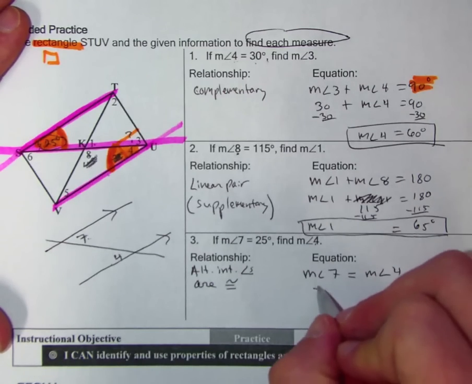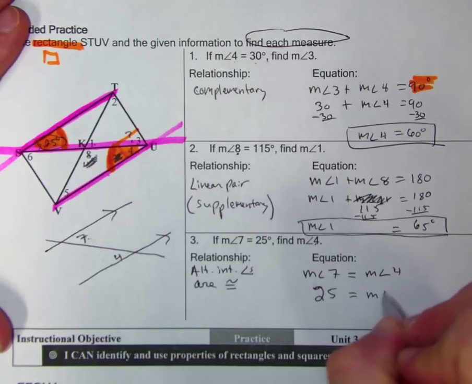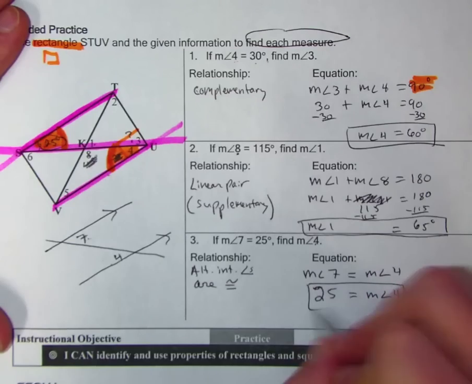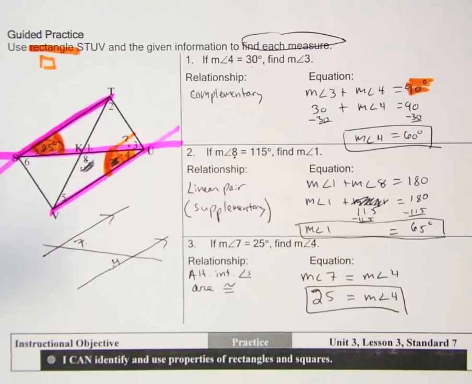And in this case, 25 is equal to the measure of angle 4. It's very, very challenging to see that relationship inside. Please, please look for them. And remember the properties to help you figure out the relationship and then the equation. Good luck.